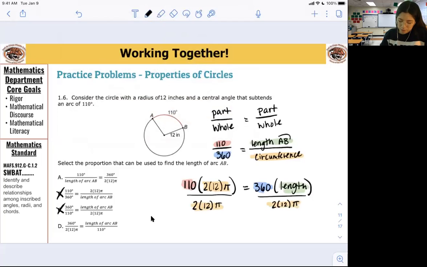Okay, so this crosses out. I'm left with 110 equals 360 times the length over 2 times 12 pi. Now let me highlight everything again so we can keep track of it all.